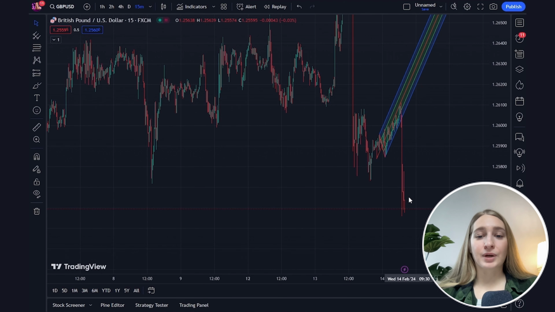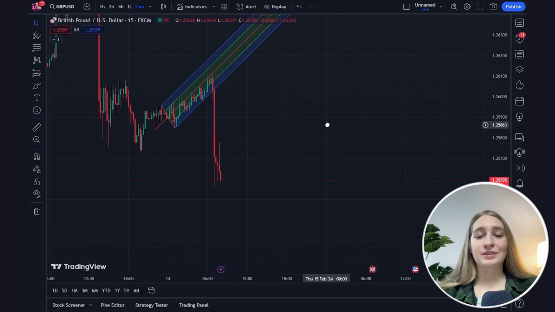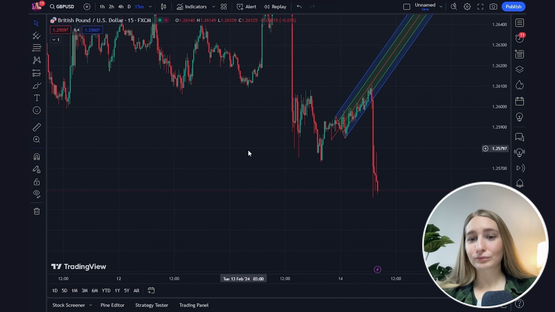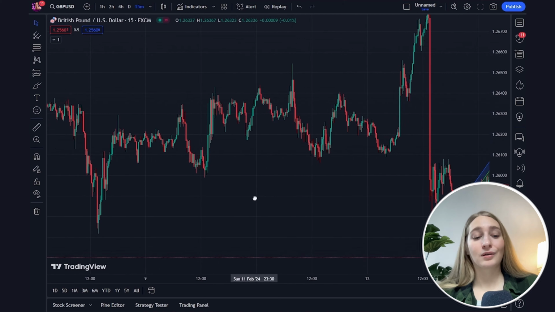Since the price has already gone sharply downward, we would not see anything in these forks anymore. That's it. It only works in a trading range, a trading corridor, and there's no other way.